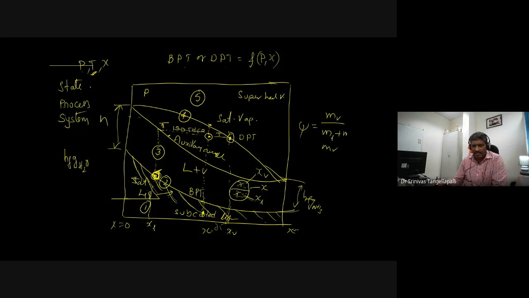The saturated vapor's corresponding concentration is called XV, and the saturated liquid's corresponding concentration is called XL. Now, to show the process, we have to join these two points. Now I will explain the process. The same concept can be explained for the mixing as well as the separation process.